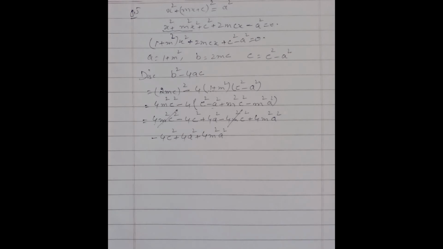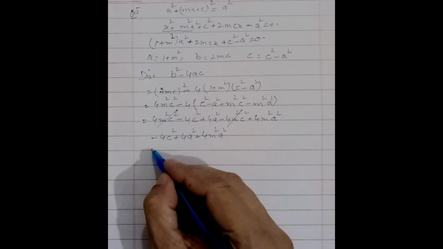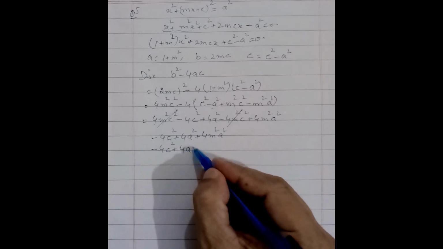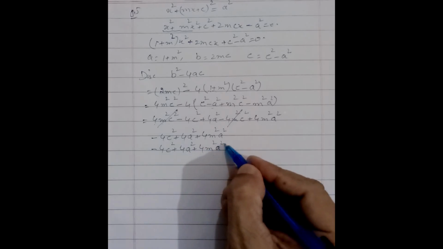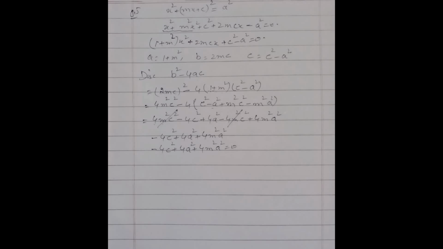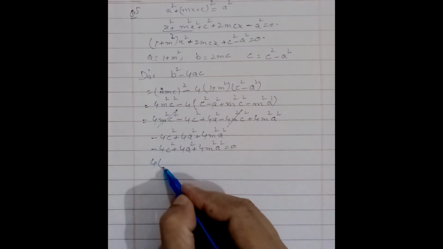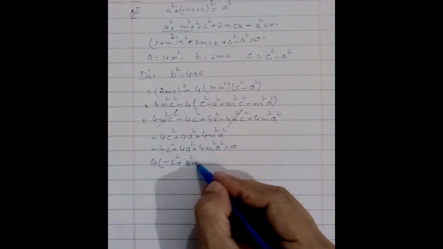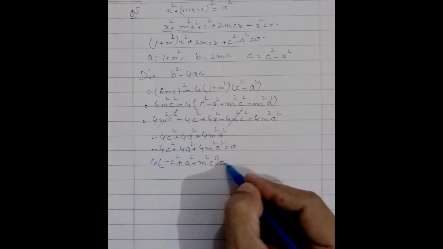And we know that the roots of the equation are equal, so the discriminant is equal to 0. We write it minus 4c square plus 4a square plus 4m square a square is equal to 0. And take common 4, we get minus c square plus a square plus m square a square is equal to 0.